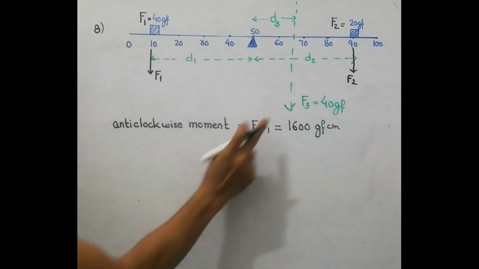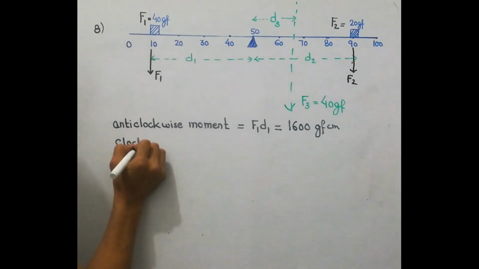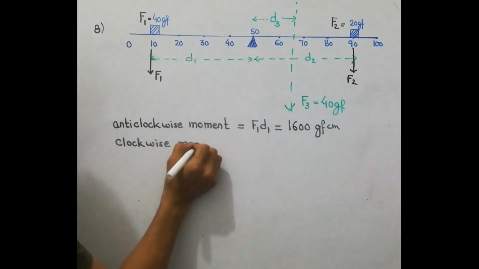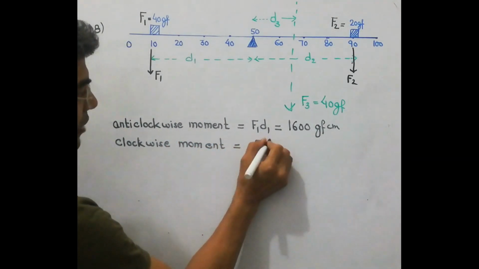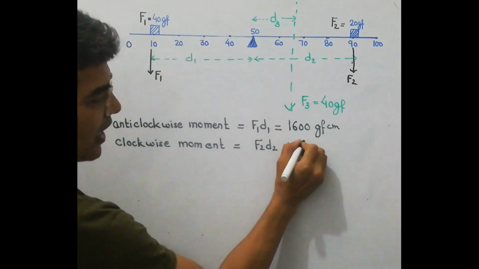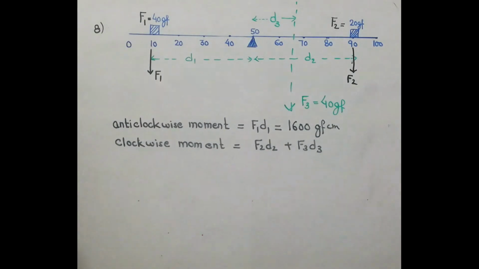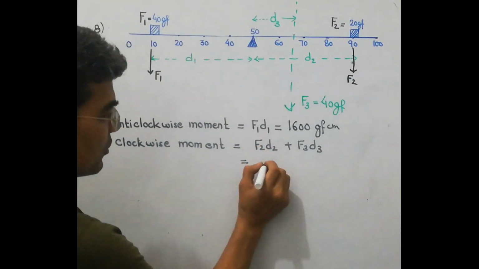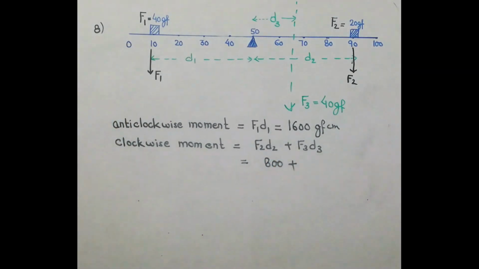Okay. Now these two forces are producing clockwise moment. So clockwise moment is being produced by F2 and F3. These two forces are producing clockwise moment. Of these, F2 into D2 is already known to us as 800. F3 is 40.